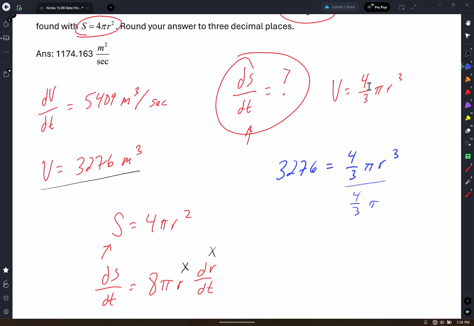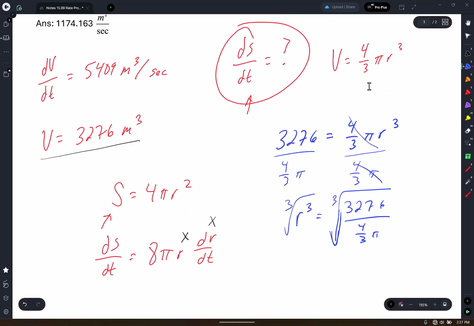Whatever you do to one side, you do to the other. So now I have r cubed equals that. How do I get r from r cubed? Cube root. You can either take the cube root, or you can raise it all to the 1/3 power, whatever you think is easier.